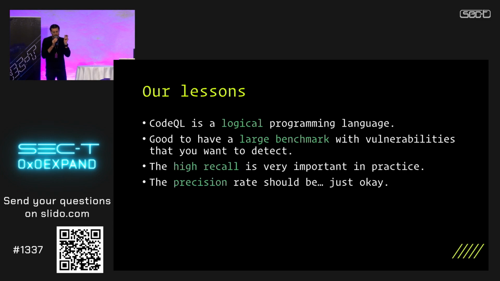I could say that the recall metric is very important in practice, because it shows how many vulnerabilities you can actually find with this static analysis tool. For example, if you have 100 vulnerable npm packages, you run your CodeQL query and see how many you actually detect.